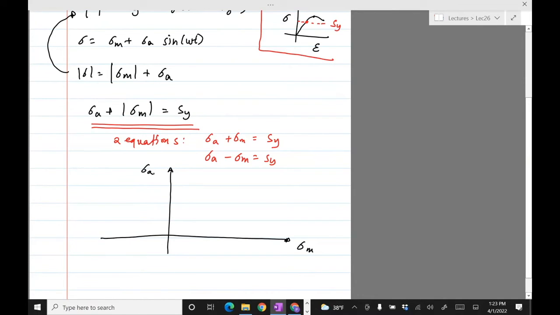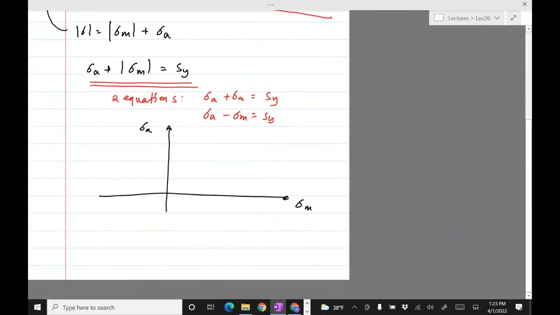So again, if you remember, the way to think about these equations is if you divide them by Sy, then you have sigma A divided by Sy plus sigma M divided by Sy equals 1.